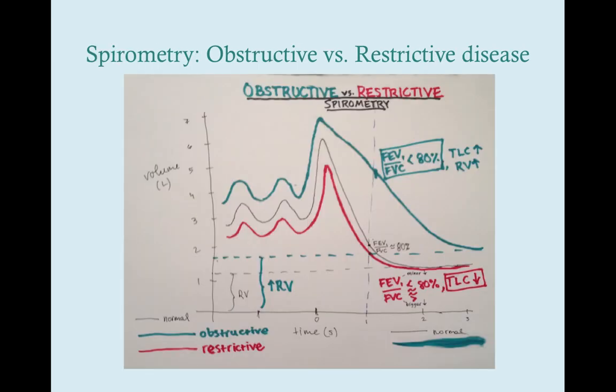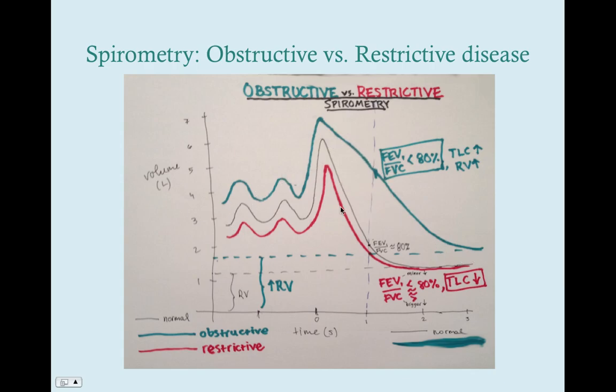All right, so this is just to show you on spirometry what that looks like. Here we have an obstructive disease, and you may have a little bit of increase in your volume, but you don't necessarily need to, especially early on. The most important thing is that your FEV1 to FVC ratio is below 80%.